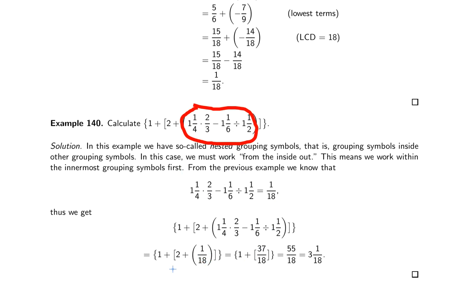Okay, so everything in here is 1 over 18, and then you have to figure this out. So then you do inside these parentheses next, so 2 plus 1 over 18. And then finally you add that 1.